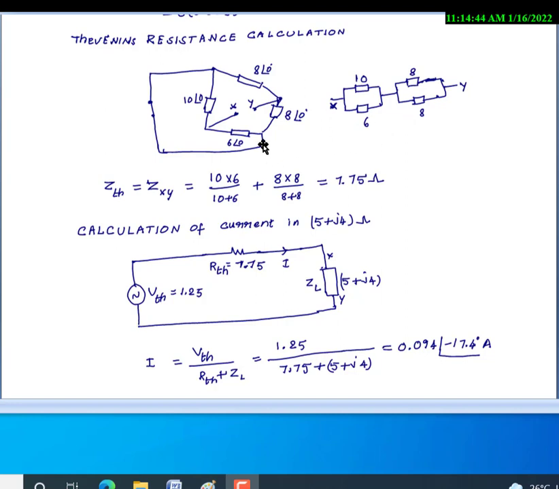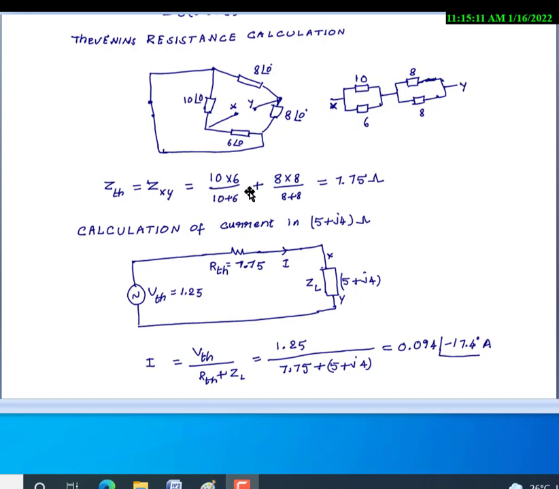That means this 10 ohms and 6 ohms are in parallel. Similarly, 8 ohms and 8 ohms are in parallel. And these combinations are in series with each other across X and Y.